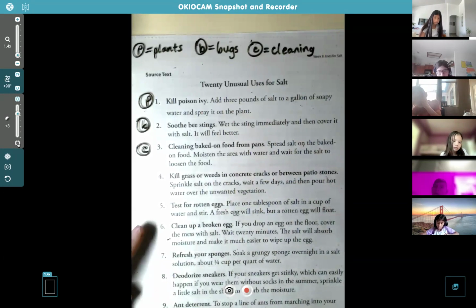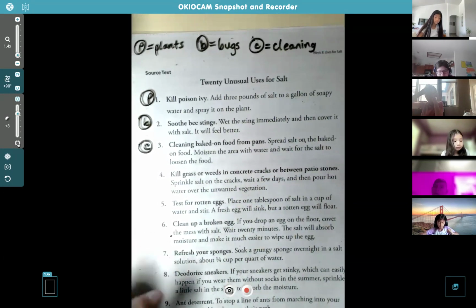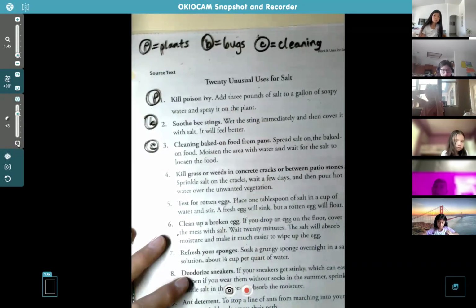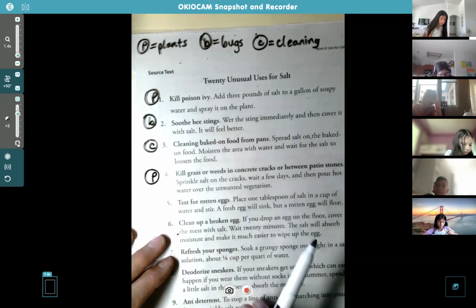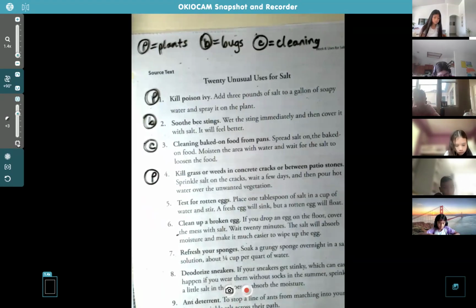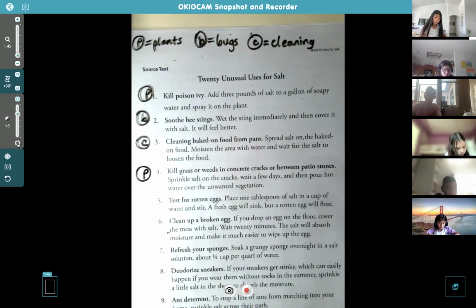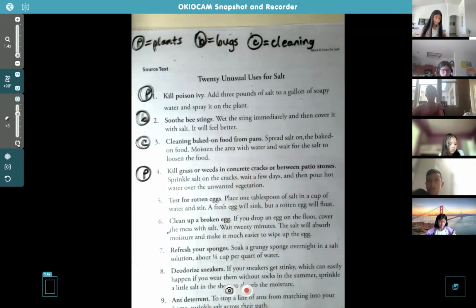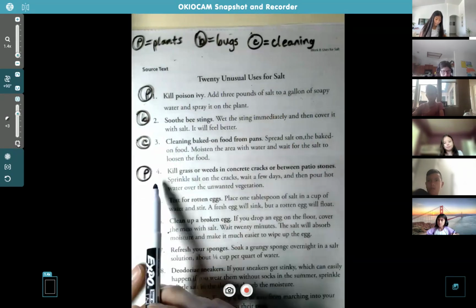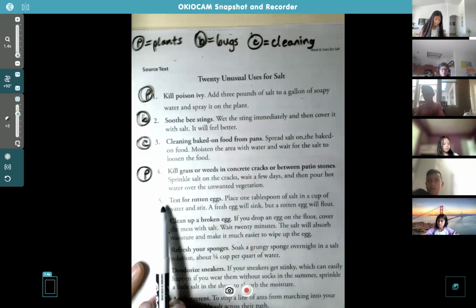So you can use salt to kill weeds. Well, weeds are kind of a plant, so I'm going to put a P with this one. See, I have a P for number 1 and 4 now, so those are in the same category together. And I already have it up here at the top, so I don't need to write that again. That's a P for plant.